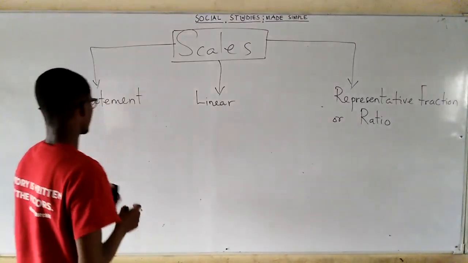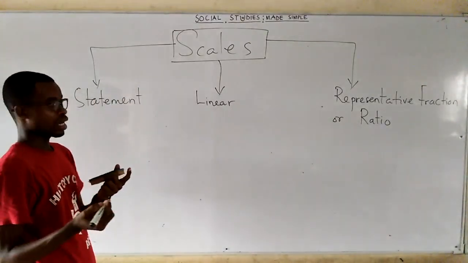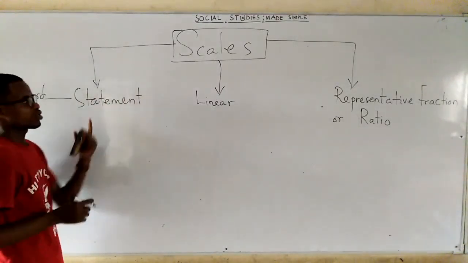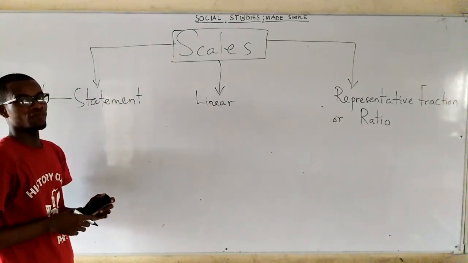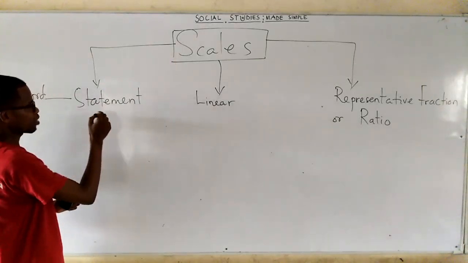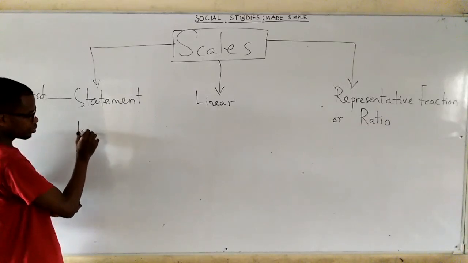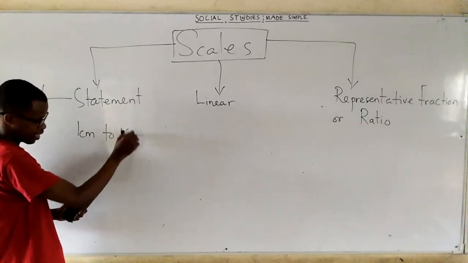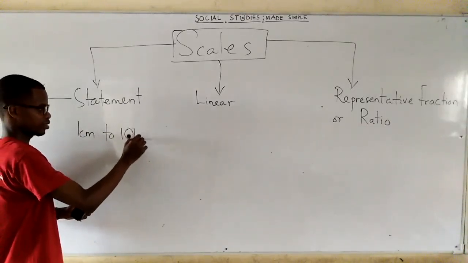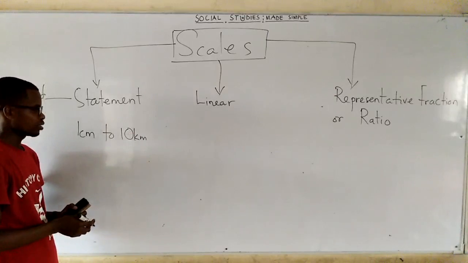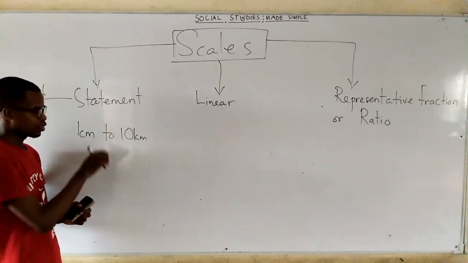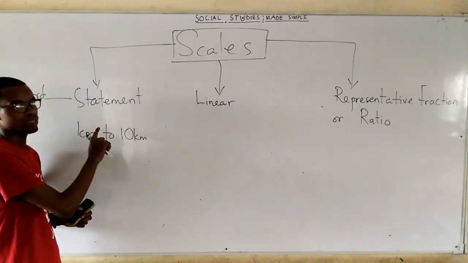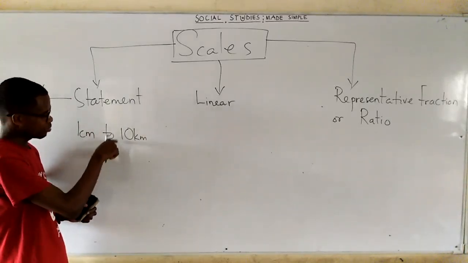The word that comes to mind when you see statement is word. So statement scale is a scale in a statement form or in a word form. So you have something like 1 centimeter to 10 kilometers. 1 centimeter to 10 kilometers. So you see the word 'to', and you know that it is in a word form. That is how it is read. 1 centimeter to.